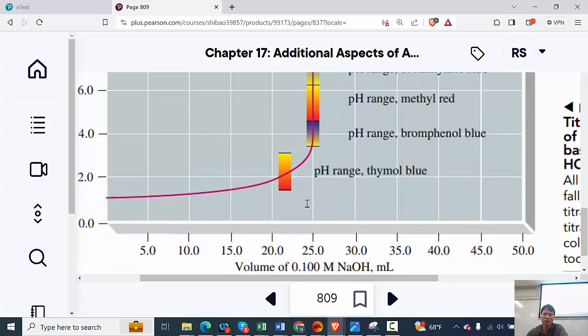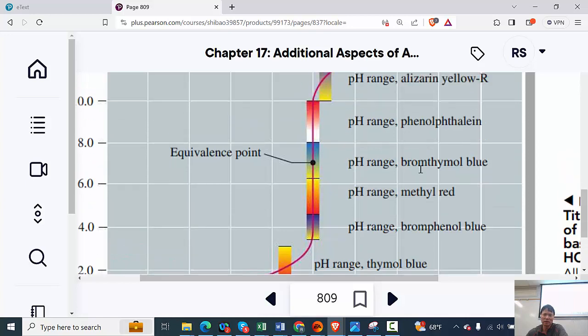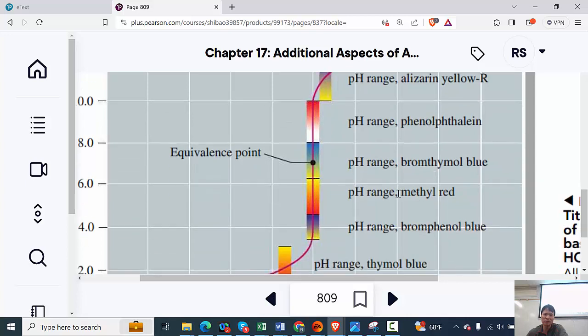So all these bars are just showing what are suitable indicators. Some indicators turn color too soon: bromophenol blue, methyl red. One indicator turns perfect, bromothymol blue. One indicator turns too late, and we use the indicator that turns too late, but we could have used these ones that turn too early as well. Like bromophenol blue, we'd look for green, and methyl red, we'd look for orange.